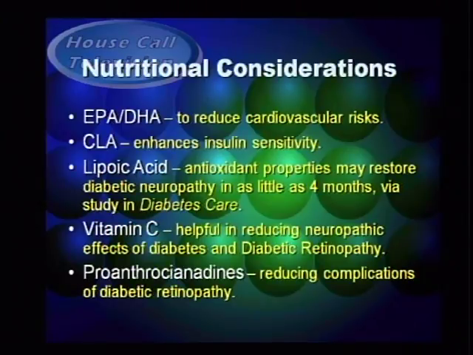CLA, conjugated linoleic acid, enhances insulin sensitivity. Lipoic acid is an antioxidant, and may restore diabetic neuropathy in as little as 4 months, via a study in Diabetes Care. So what we're looking at is lipoic acid, which is another fatty acid. When people have problems with diabetes, it reacts with not only their blood vessels, but with their nerves.